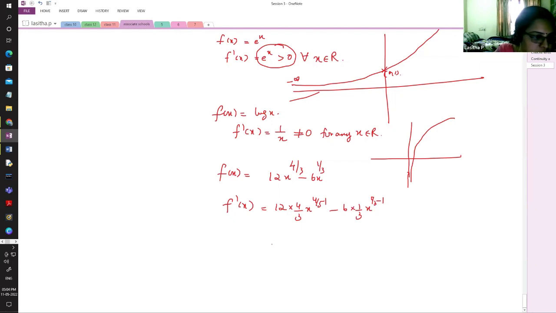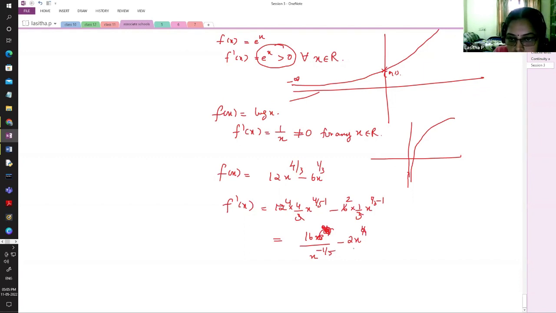If you rearrange this term, we will get a term in the denominator also.